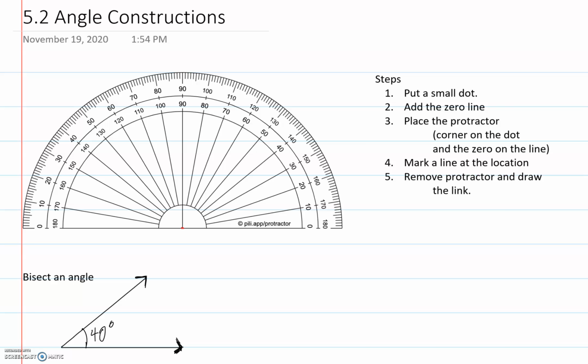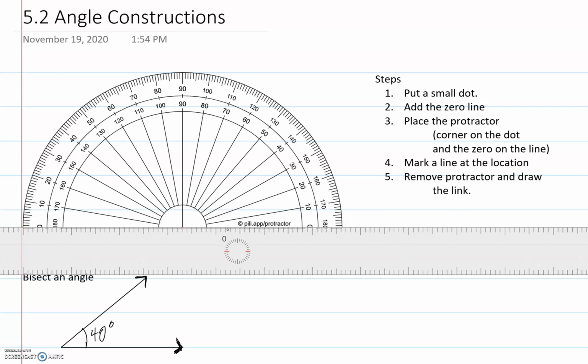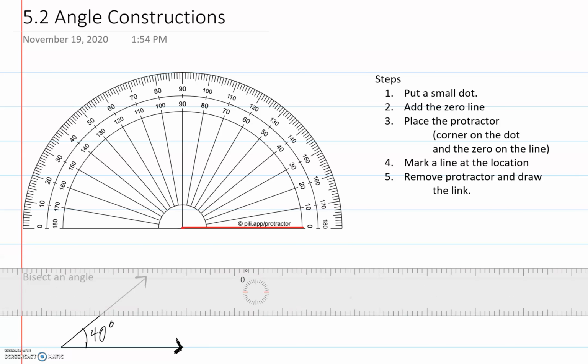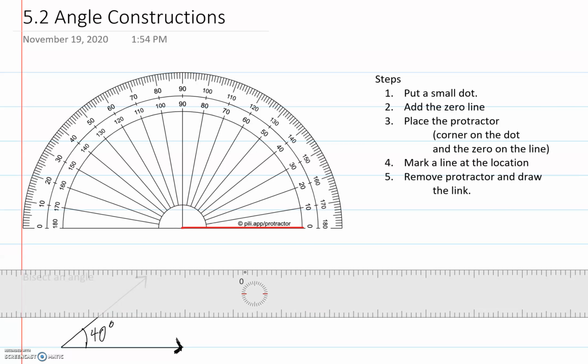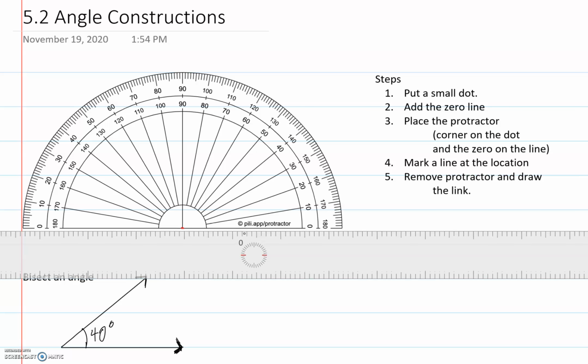Okay, so put a dot, then add the 0 line. So ideally you're using a ruler. Ideally I'm using a ruler. And that's my 0 line. Now it's really important that you have it all exactly lined up.